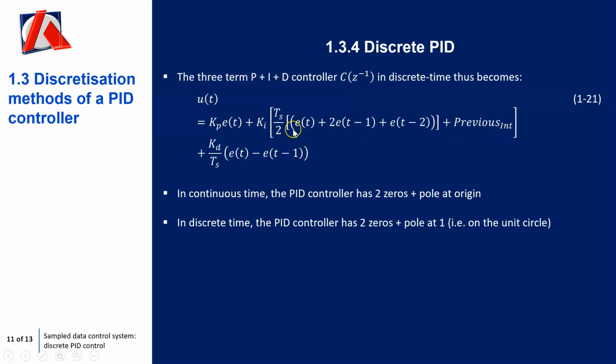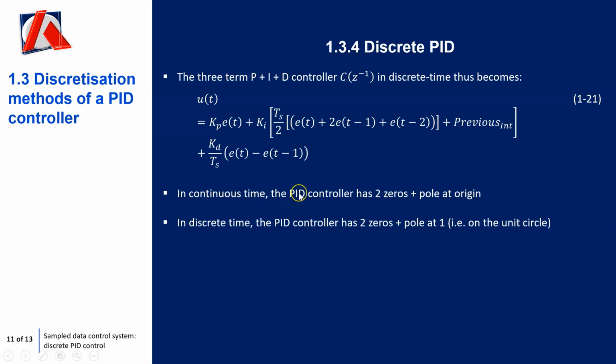This part is working out the area of the past two trapezoids, and then that's the previous int for any previous areas that have been determined. The derivative is where you're effectively just working out the midpoint of the two sampled measurements, the current and the past sampled error.